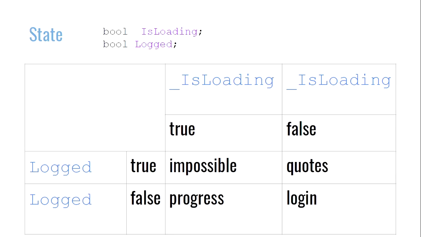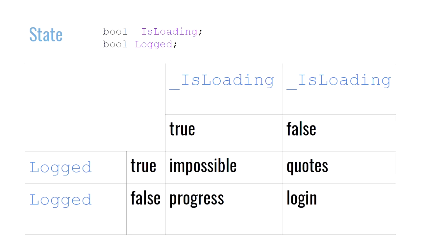In the welcome screen, I have a state, because the welcome screen is a stateful widget. This state has 2 Boolean values, isLoading and isLoggedIn, and these values help me understand which widget I want to draw on the screen.